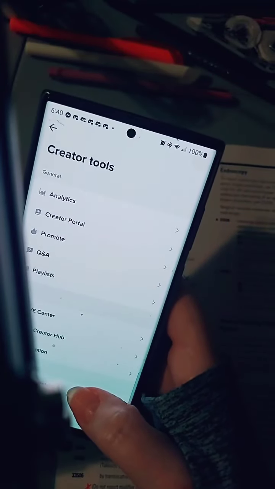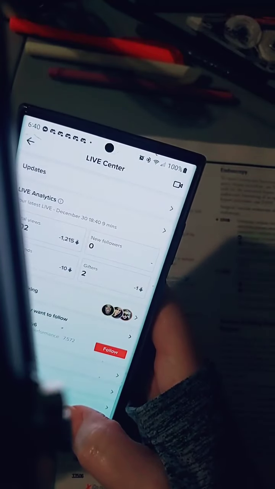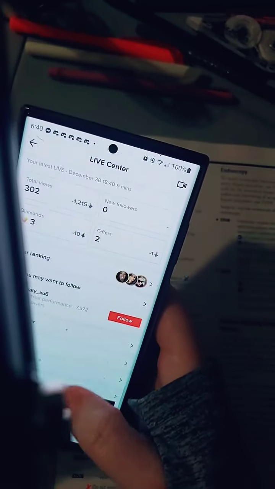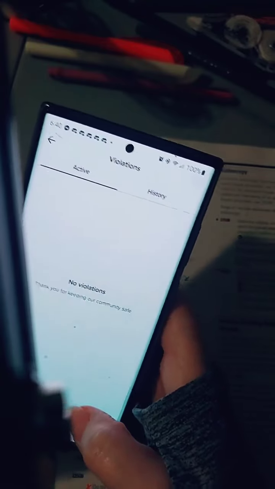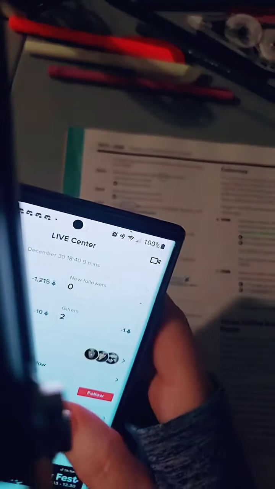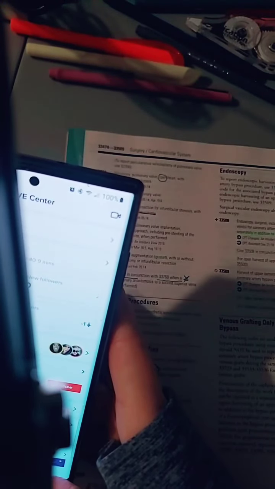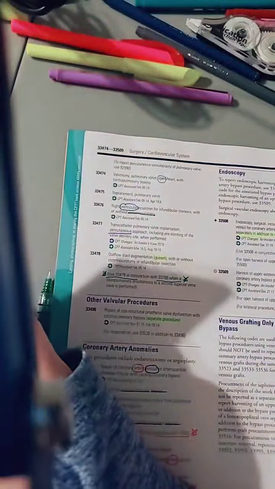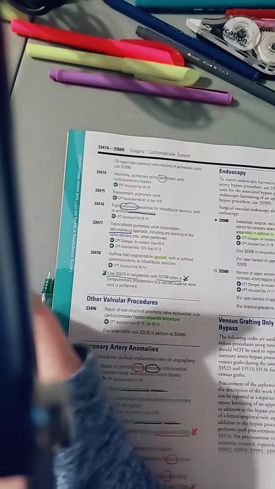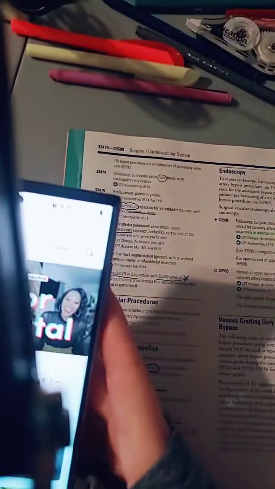Let's see. I always forget where this is at. Don't know where nothing's at. No violations. Yay. Where do they put that stuff? I have no idea. Updates. I always forget. Creator. Yeah, Creator Fund or something like that. Nope, that's the portal.